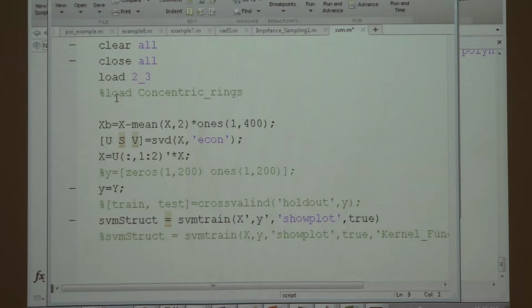And I define labels. The first 200 digits are 2, and the second 200 digits are 3. And here, we are running this, which is a linear classifier.